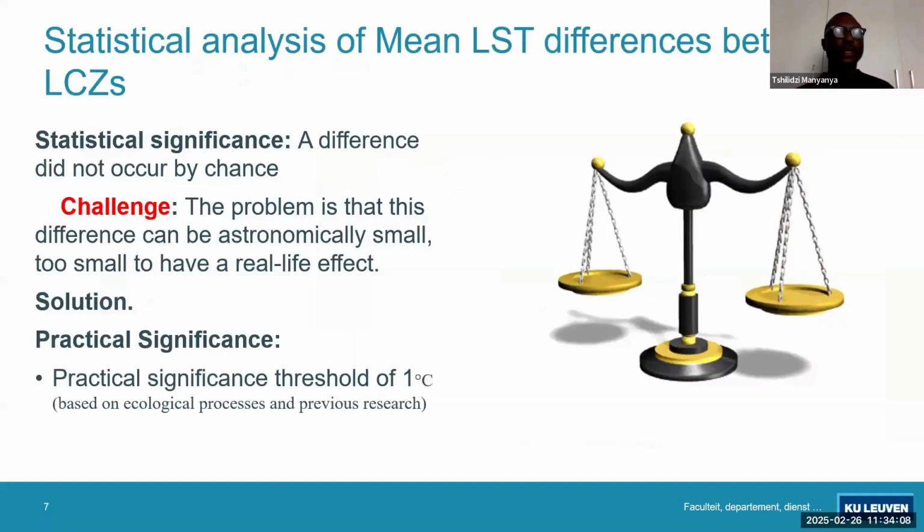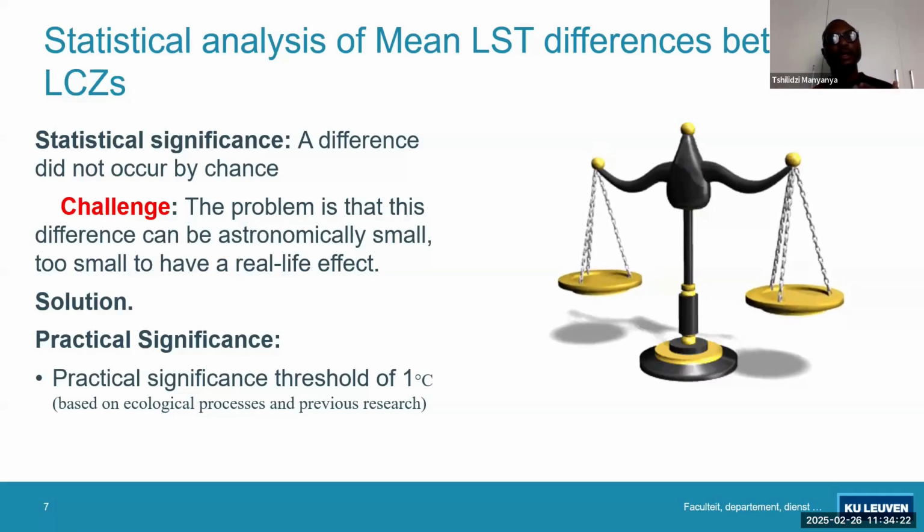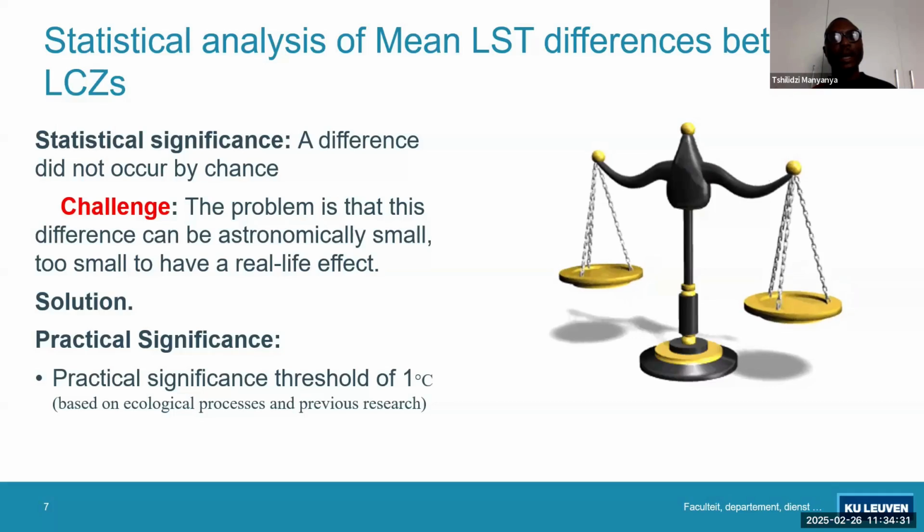So then we move to the statistical part, where we have to somehow separate between statistical significance and practical significance. When we talk about statistical significance, the only thing that it tells us is that a difference did not occur by chance.